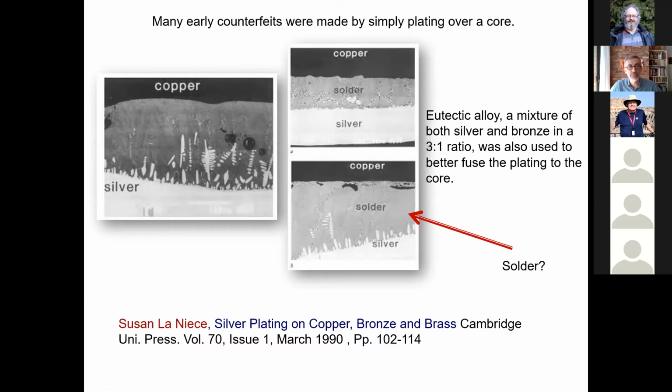Unfortunately, she doesn't mention the type of coin that she studied. She just provides these scans, and she says copper and silver, and in the middle she finds some substance, and she calls it solder.